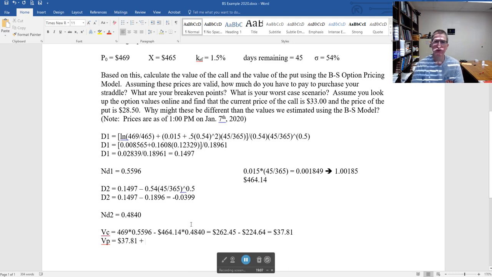We add in the present value of the strike price, that's $464.14. And then we subtract the stock price, that's $469. That's going to give us a value of $32.95.